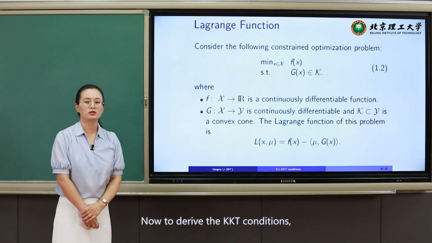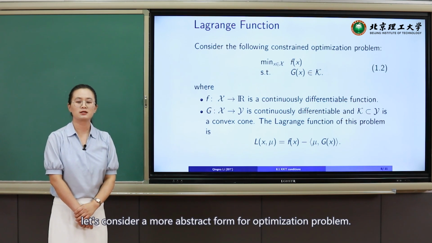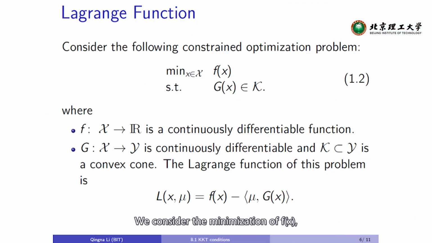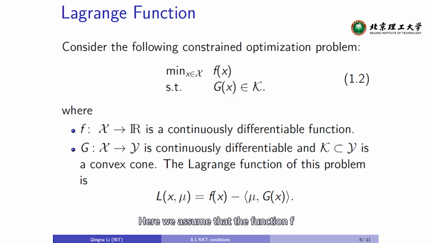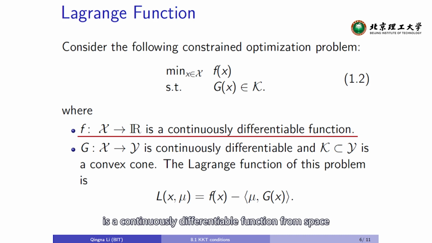To derive the KKT conditions, let's consider a more abstract form for the optimization problem. We consider minimizing f(x), where x is in some space, which we call capital X. Meanwhile, x has some constraints, characterized by g(x) in capital K. Here we assume that the function f is a continuously differentiable function from space X to the real space.